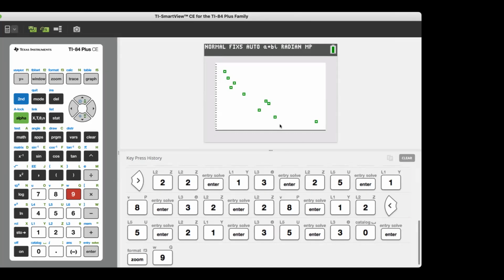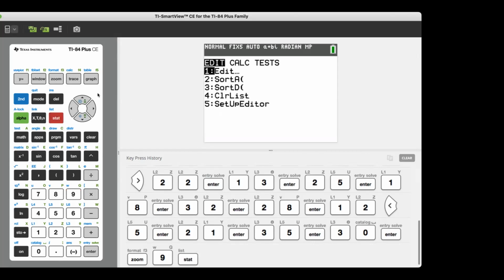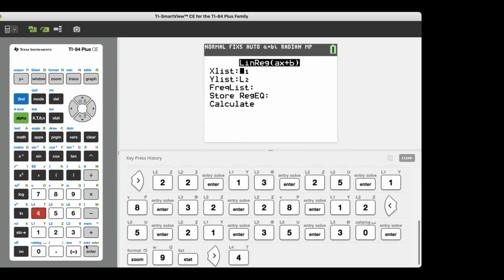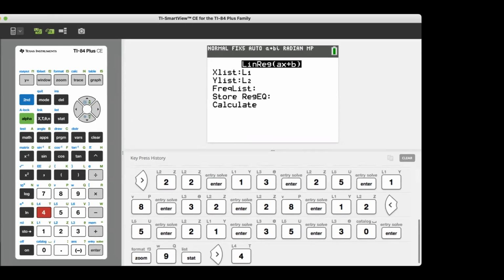Now your diagnostic is already on. So let's draw our line. We click the stat key, go to calculate, and pick item number 4, linear regression ax plus b. Please do not pick number 8. Pick number 4. I enter the horsepower under list 1, mileage under list 2.